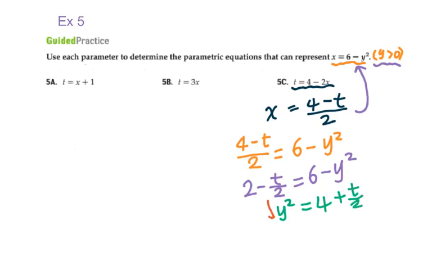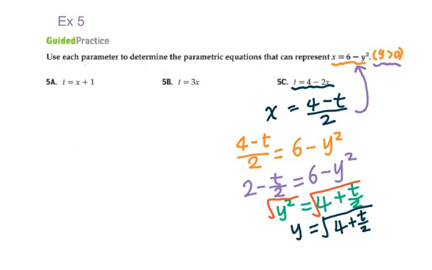We take the square root of both sides. We got y equals square root of 4 plus t over 2.